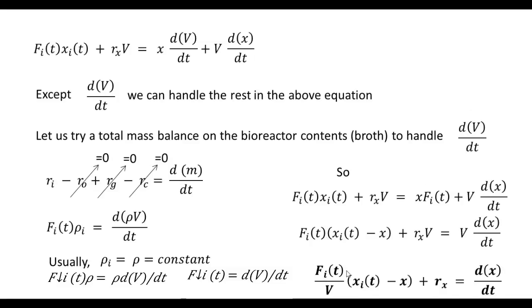If these functionalities are known, then we can solve this to get the cell concentration profile in the fed-batch bioreactor. I think we will stop here for this module. In fact, we have completed this module on bioreactor analysis, the common modes of operation, and the analysis of that.